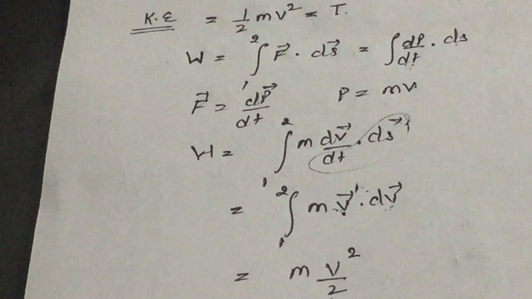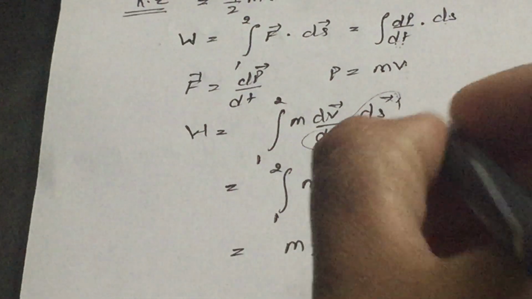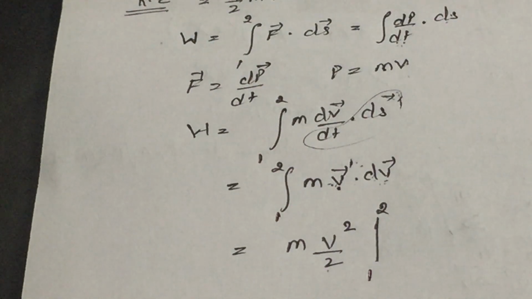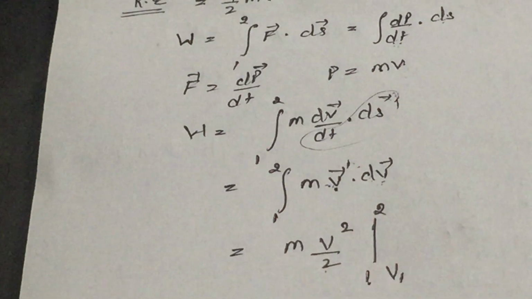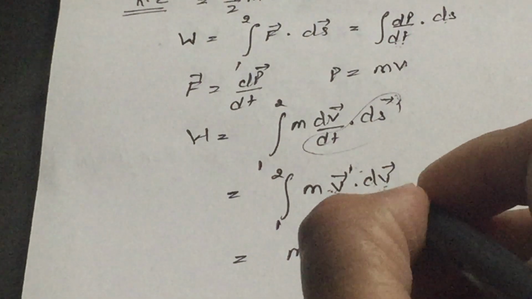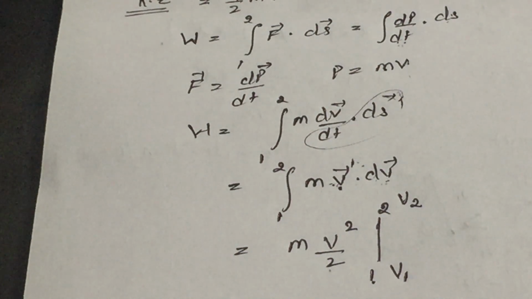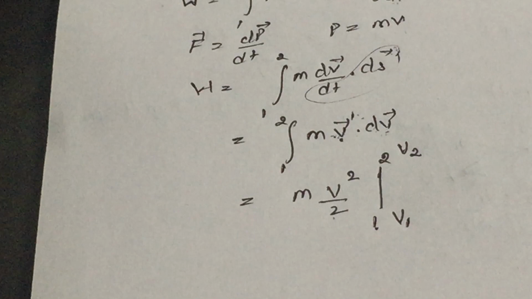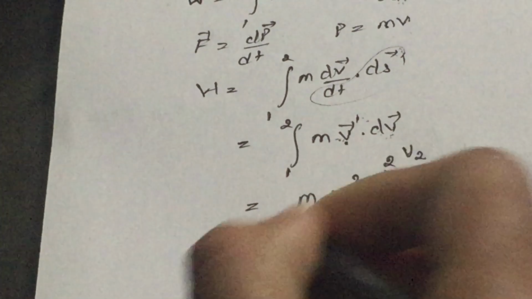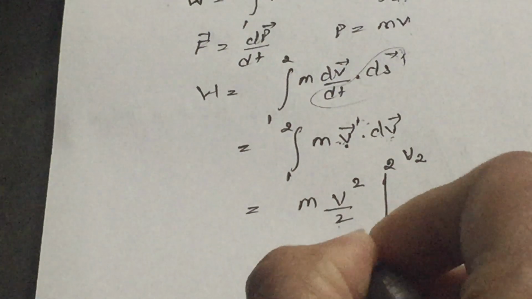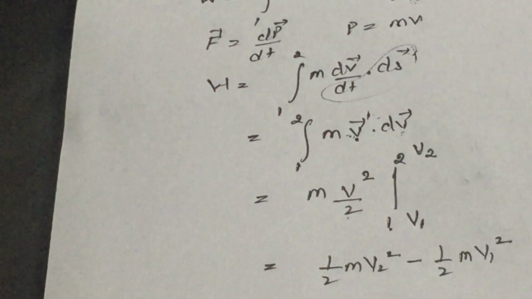Let us consider at position 1 the velocity of the particle is v1, and at the final position the velocity is v2. Putting the upper limit first and the lower limit second with negative sign, you will have half of m v2 square minus half of m v1 square.